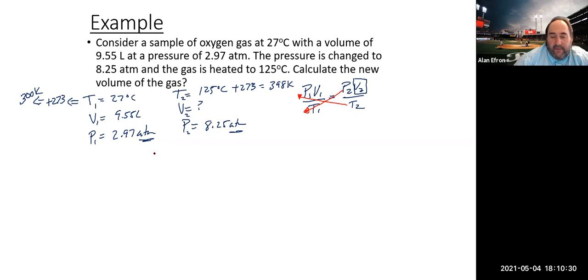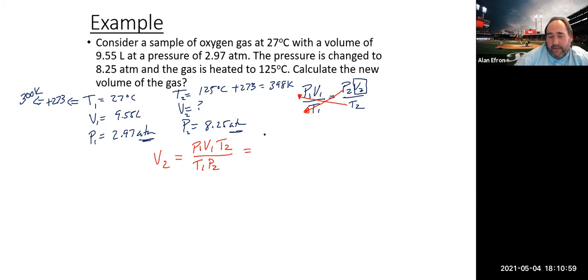And if you do that, you will end up with V2 is equal to P1, V1, T2, bringing that up to the top. And on the bottom there, T1 and P2, bringing the P2 to the bottom. So as they go across the equal sign, each ends up in the opposite location. That's really important because we want to make sure we put the numbers in the right location.